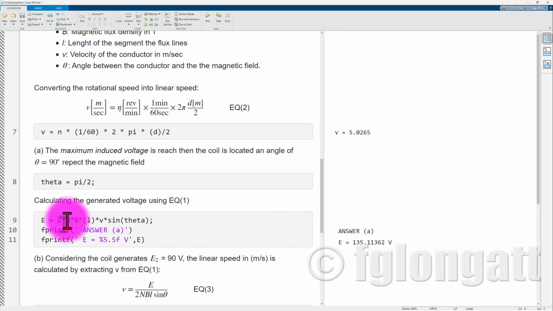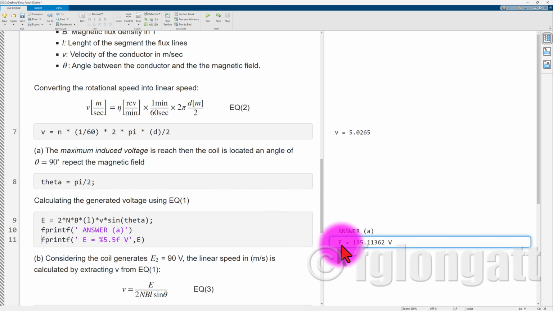So now it is a basic numerical substitution in equation number 1. We have here 2, the number of turns 80, the magnetic flux density 1.4, the length 0.12 meters, the rotational speed that we calculated early, which is 5.02 meters per second, and the sine of theta.